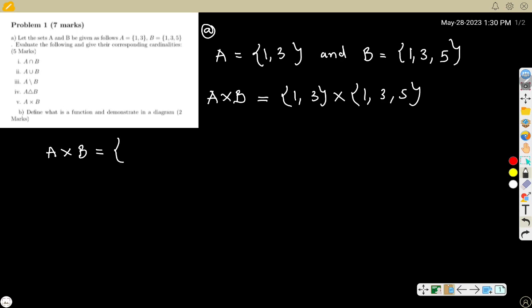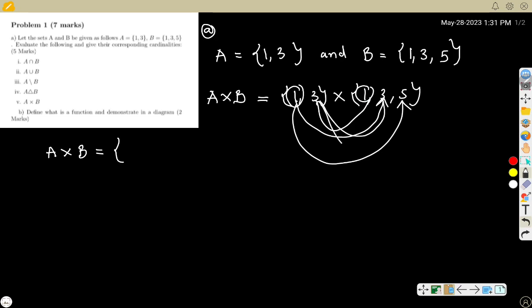so the first element will be paired with the first element, like 1, 1. So you won't multiply. Again 1, 3, also 1, 5. Then you move to 3, 1, 3, 3, 3, 5.